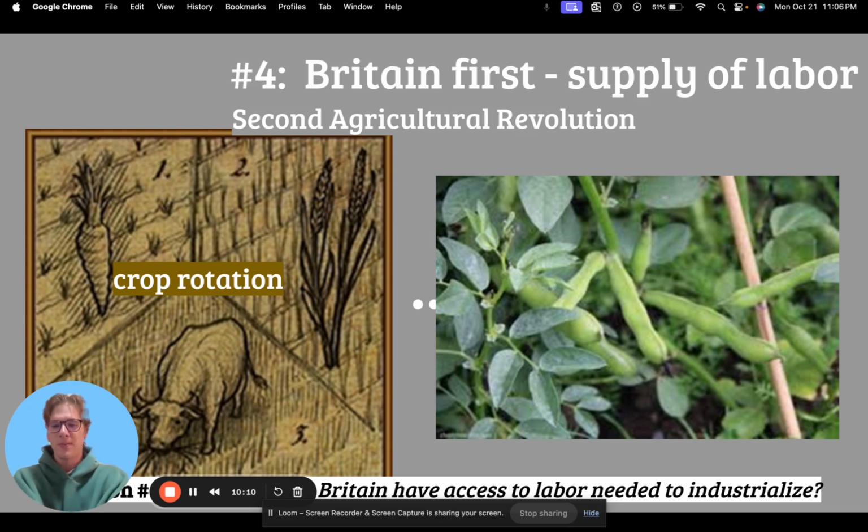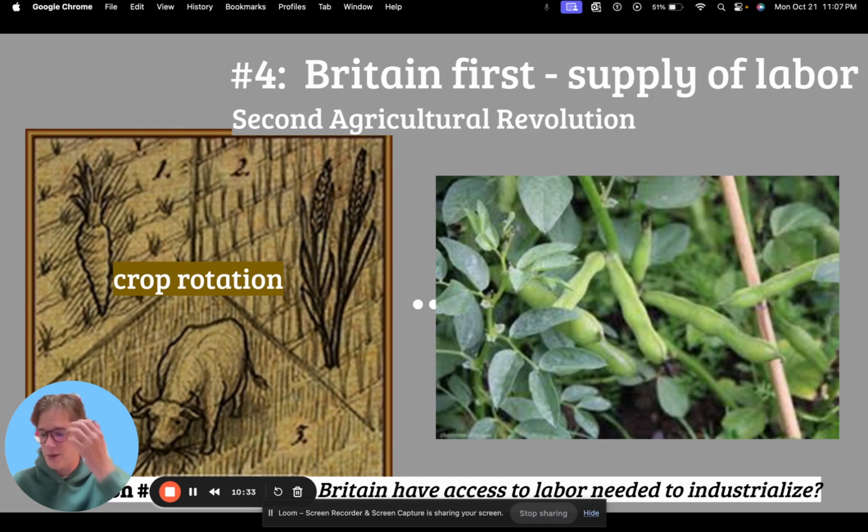So the problem that they had here is that if you plant the same crop in the same soil year after year after year, you keep planting in the soil, turning it over, harvesting it, season's over, replant it, same thing over again. Do you guys think this soil is going to stay healthy? Do you think it's going to have the right nutrients for you to continue to grow?